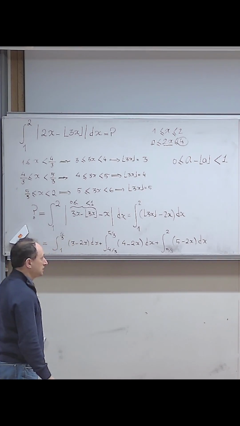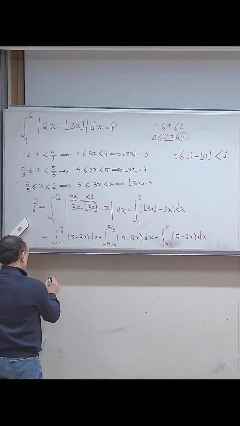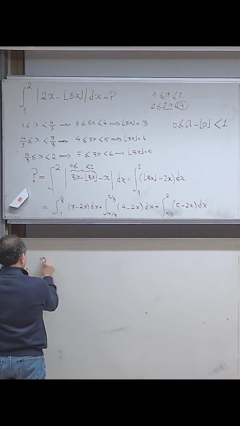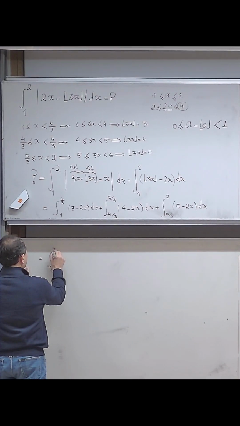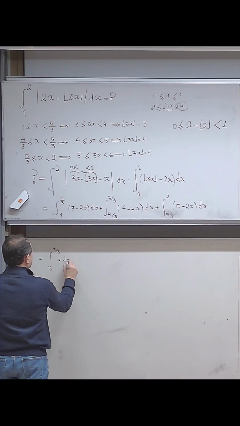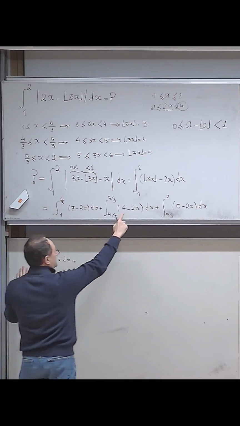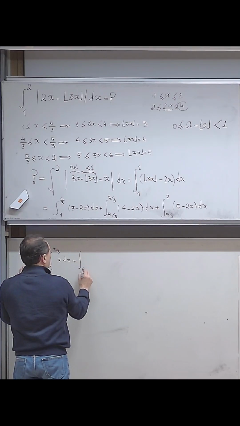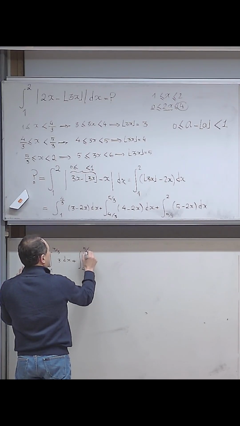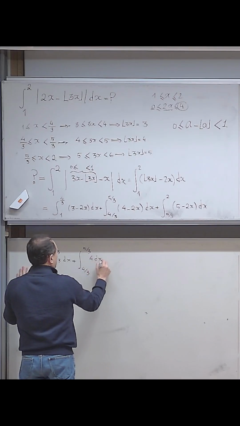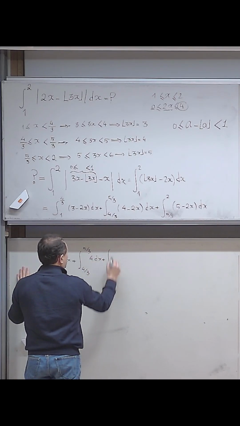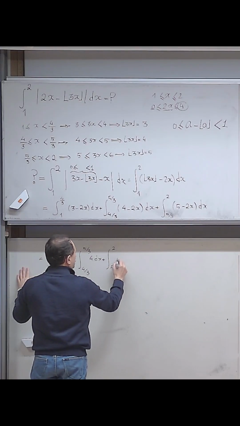Let me write it down for you, because I think it's confusing. From 1 to 4 over 3, 3 dx, the first one. Then from 4 over 3 to 5 over 3, 4 dx, and finally from 5 over 3 to 2, 5 dx.